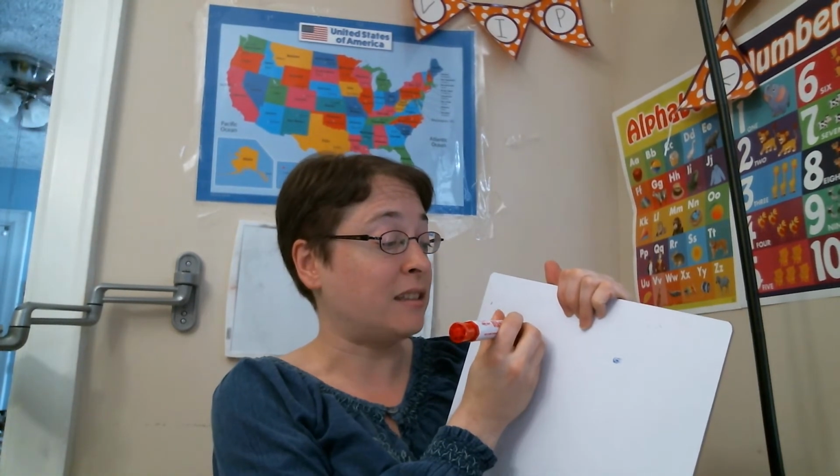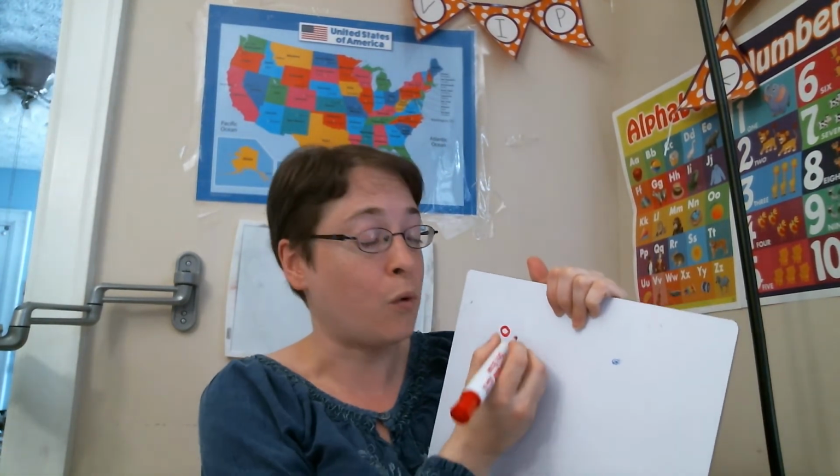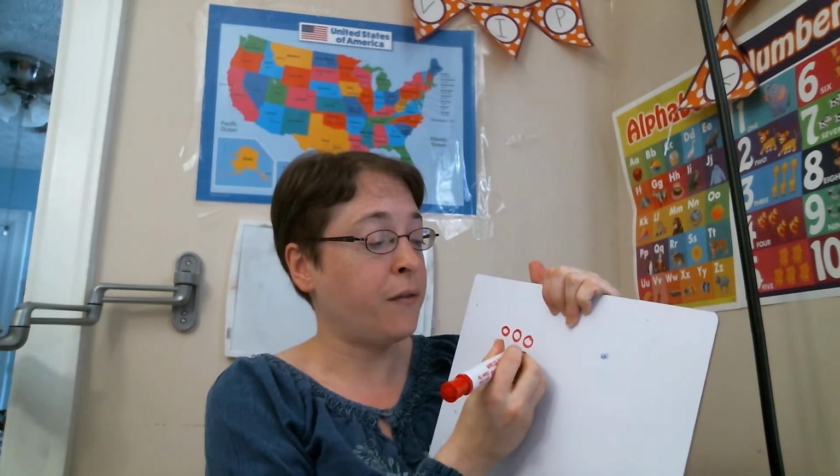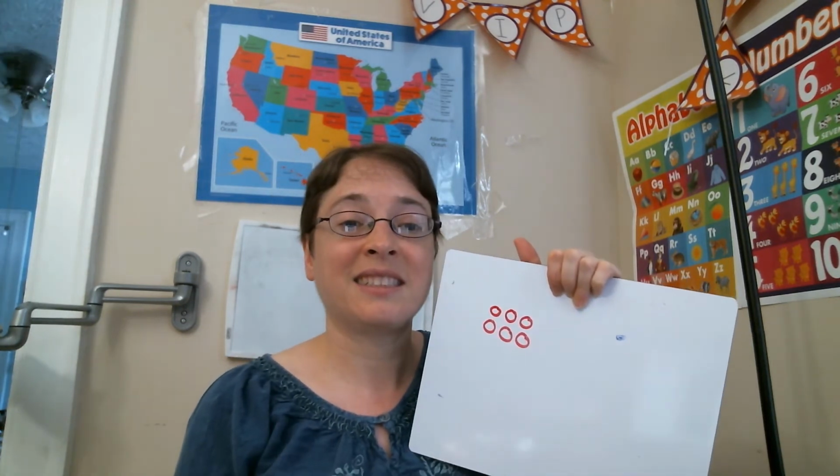So she had 9 beads all together. Can we draw a picture? So how many beads did Camila start with? She started with 6 beads. So we're going to draw 6 beads. 1, 2, 3, 4, 5, 6.